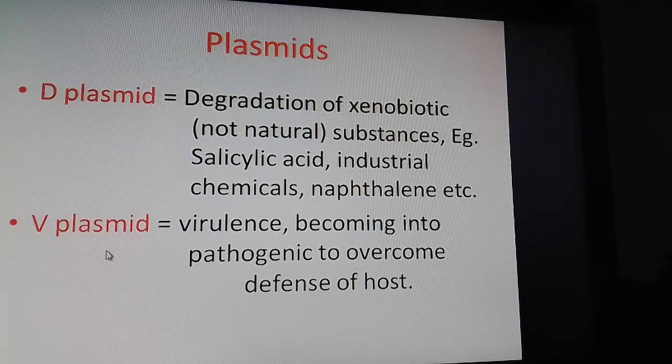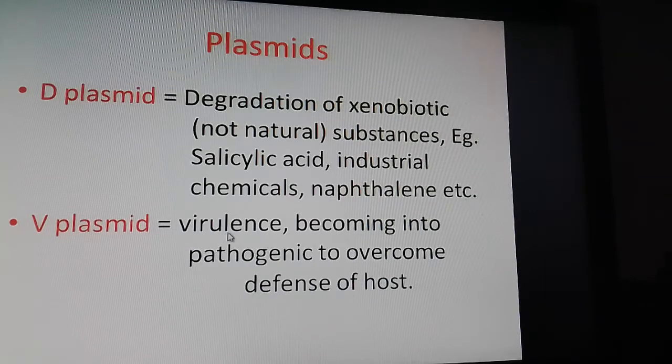And V plasmid, the gene available with this plasmid can produce the substance which can protect the bacterium from the defense mechanism of the host in which it is, or the immune mechanism of the host. That way it can become pathogenic to the host carrying this bacteria.